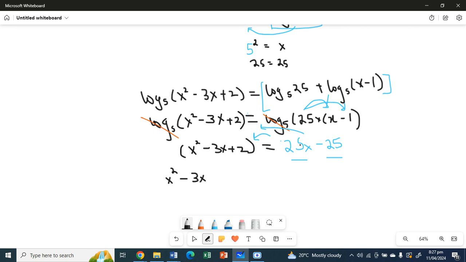So this 25x is positive. When it comes over the equal sign, it becomes negative. So say minus 25x. We have to group like terms together. You say plus 2. And then this negative 25, when it crosses over the equal sign, it becomes positive. So it's a plus 25. And you're going to say equal 0.